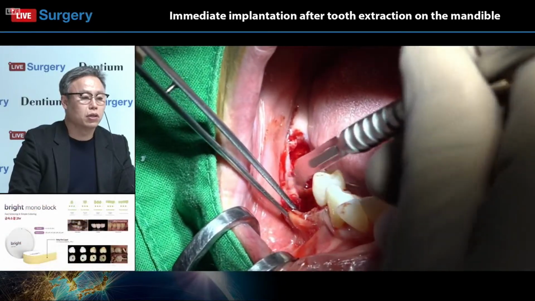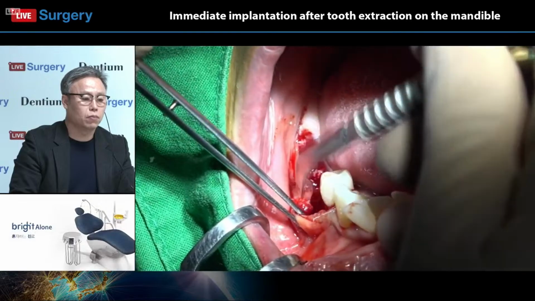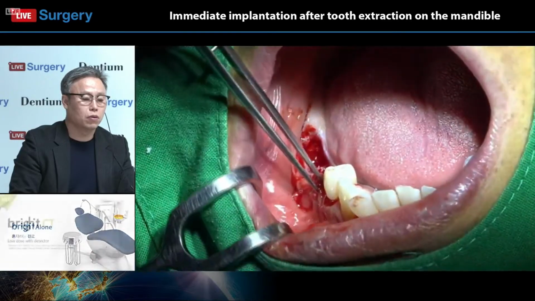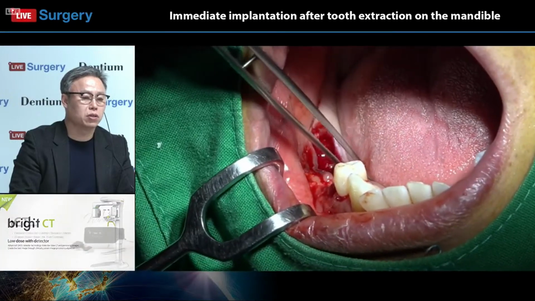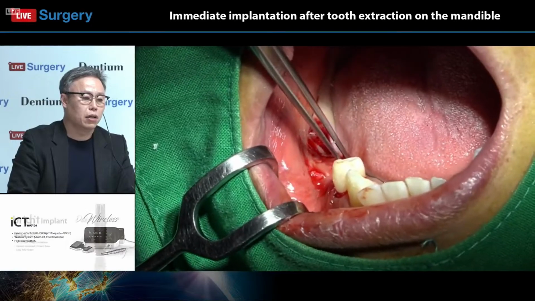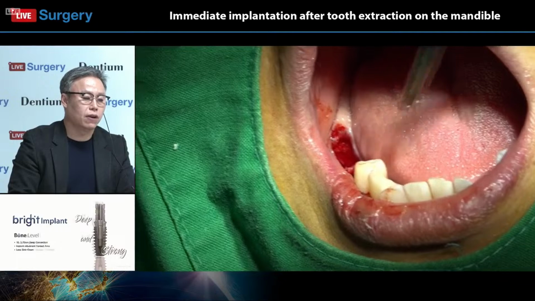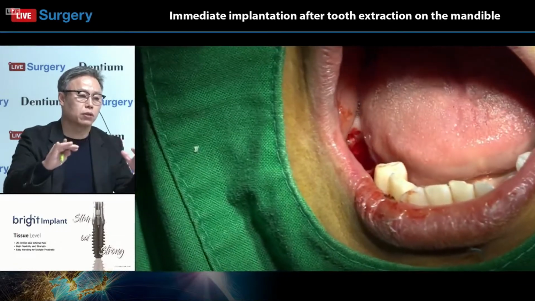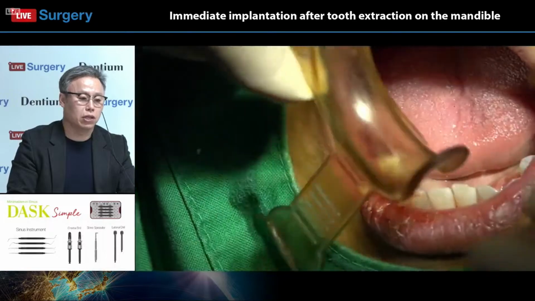And also, instead of making a vertical incision, I think it's one good way to make the releasing incision without any vertical incision. He used the number 12 blade and made enough flap advancement, checking whether the flap closure is made without any tension.